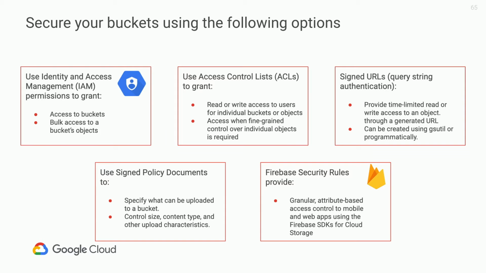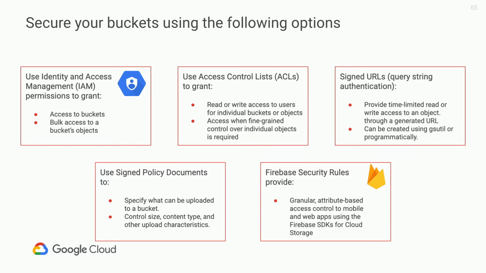Using Cloud IAM will allow you to provide permission to a bucket and also all the objects inside this bucket. It gives you the ability to provide bulk access to a bucket. But it does not give you fine-grained control over individual objects.